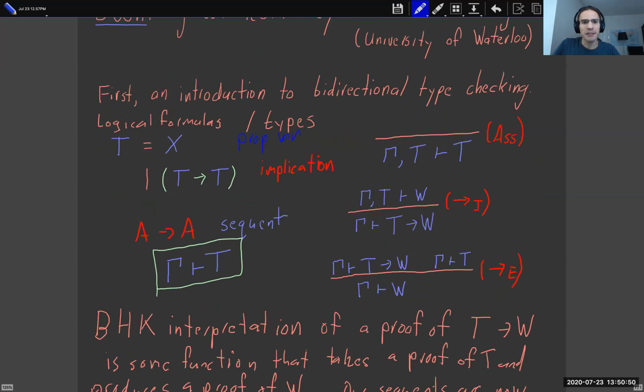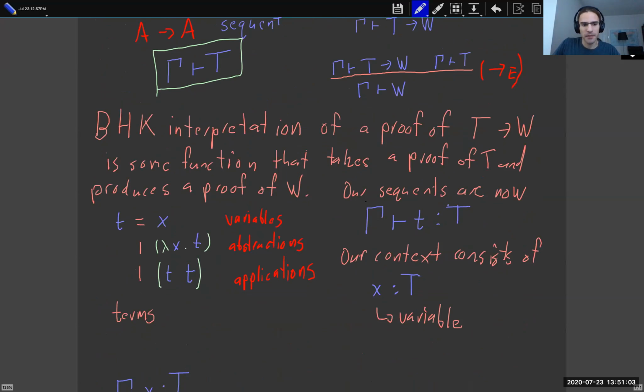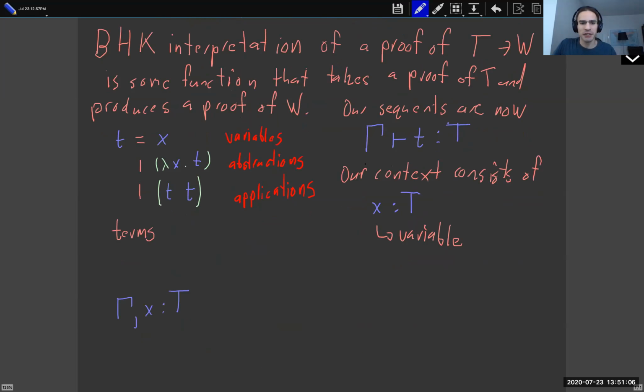And instead of speaking about verifying the proof of a logical formula, we can speak about verifying the type of a term. More on that later. But the language that it's very natural to shift to is the language of speaking about terms and types.